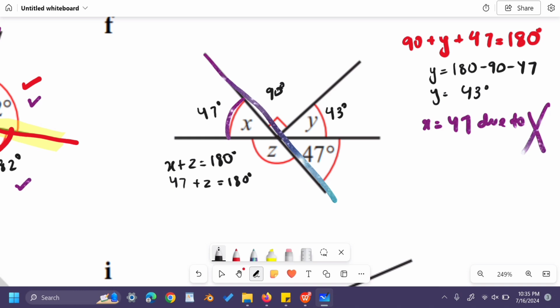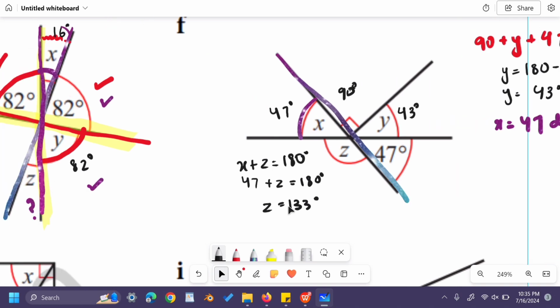So basically we're just going to do 180 minus 47, and we will be getting the final answer, which is going to be 133 degrees. And we got this from knowing that angles on a straight line is equal to 180 degrees.